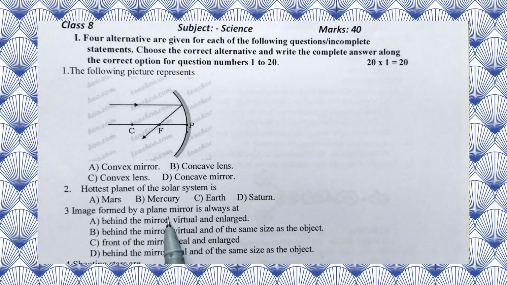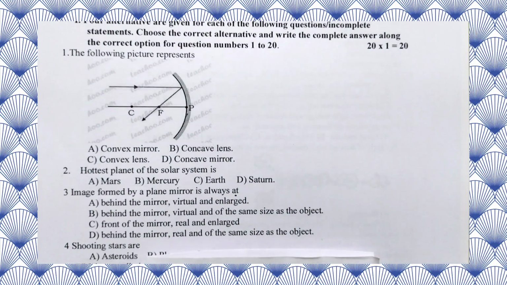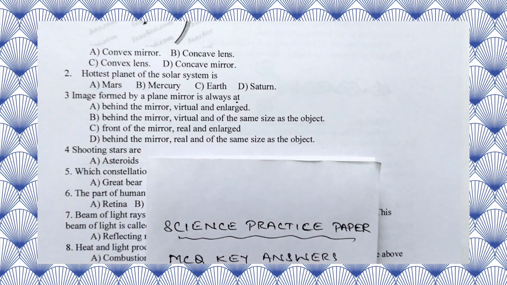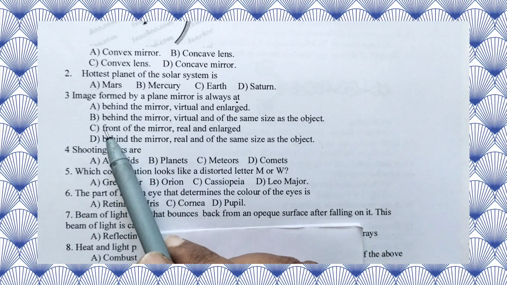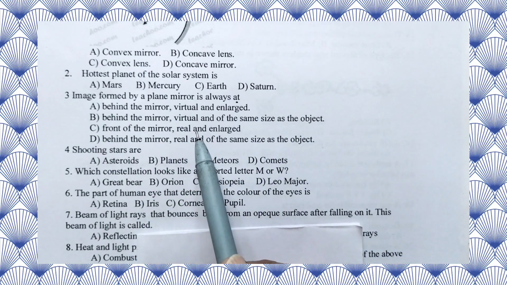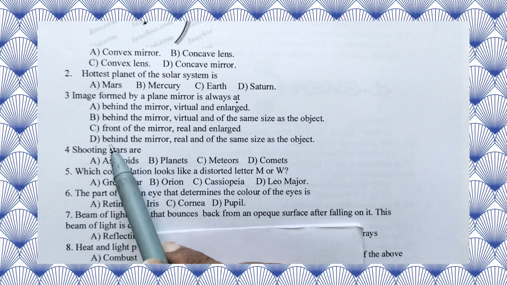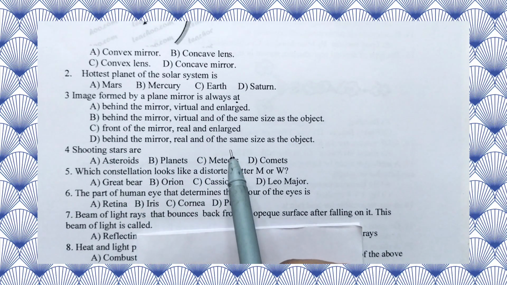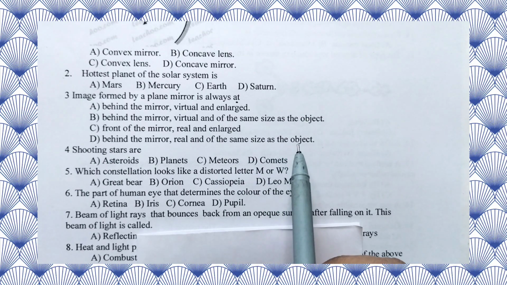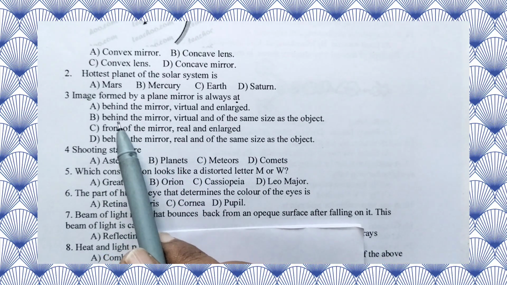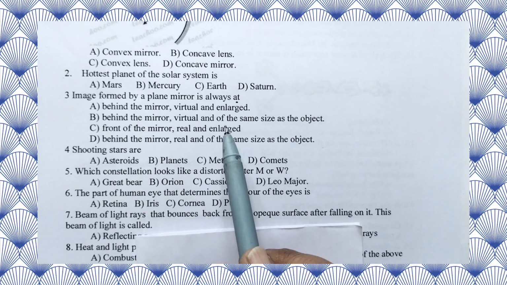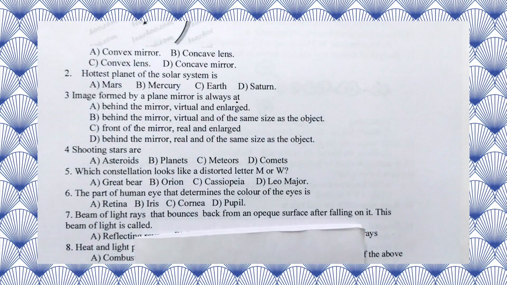Image formed by a plane mirror is always behind the mirror, virtual and enlarged. That is the first option. Second option, behind the mirror, virtual and of the same size as the object. Third, in front of the mirror, real and enlarged. Fourth option, behind the mirror, real and of the same size as the object. So the right answer is option B, behind the mirror, virtual and of the same size as the object.